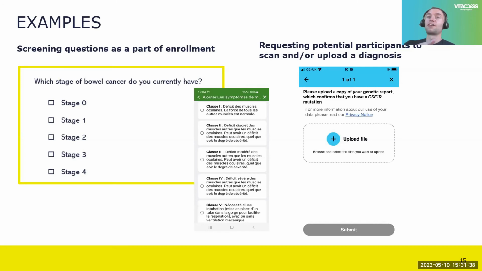So again, eliminating that risk of fraudulent patients: a fraudulent patient wouldn't be able to do this, or would be very unlikely to be able to do this, so they would be unlikely to proceed into the study on that basis.